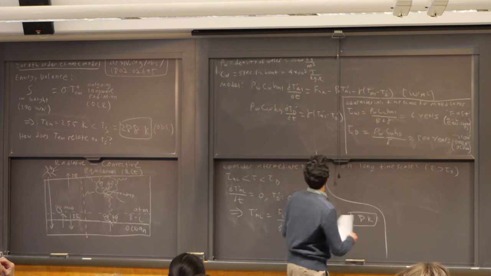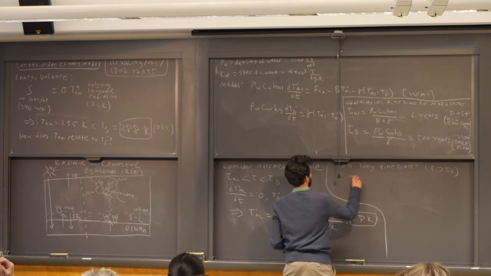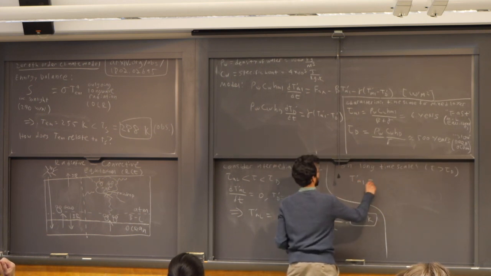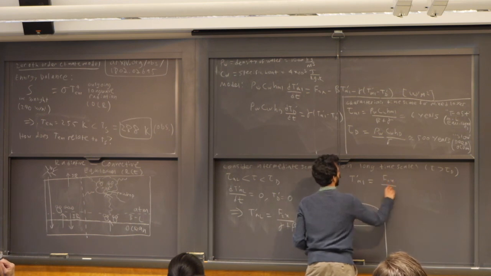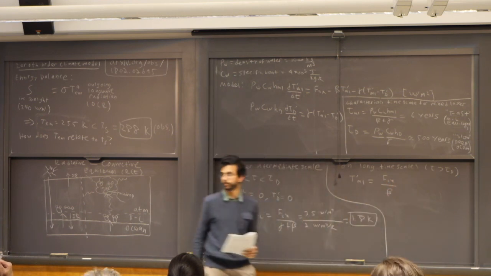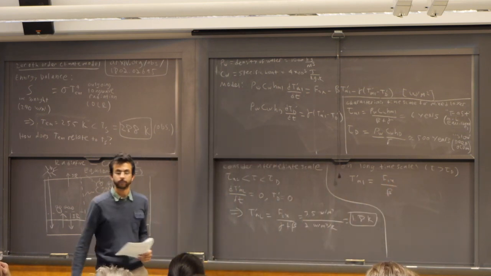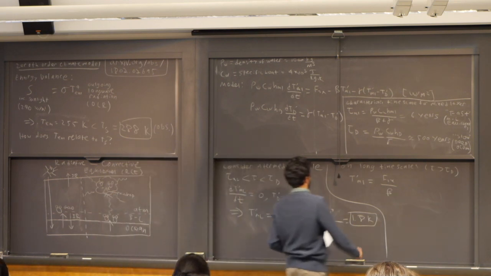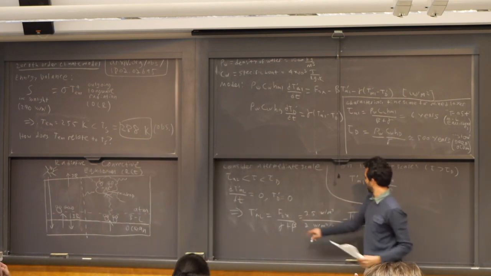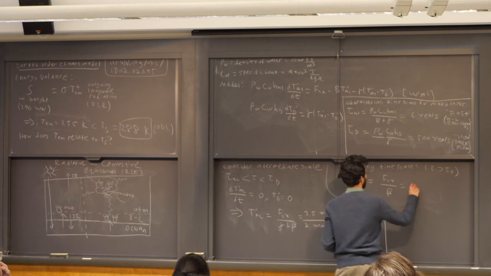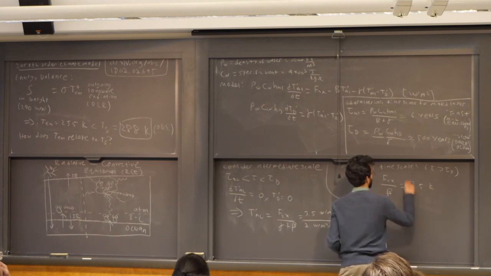So that tells you on long time scales, T prime ml equals F2x over just beta. So instead of 3.5 divided by 2, this is 3.5 divided by 1, so this is something like 3.5 Kelvin.